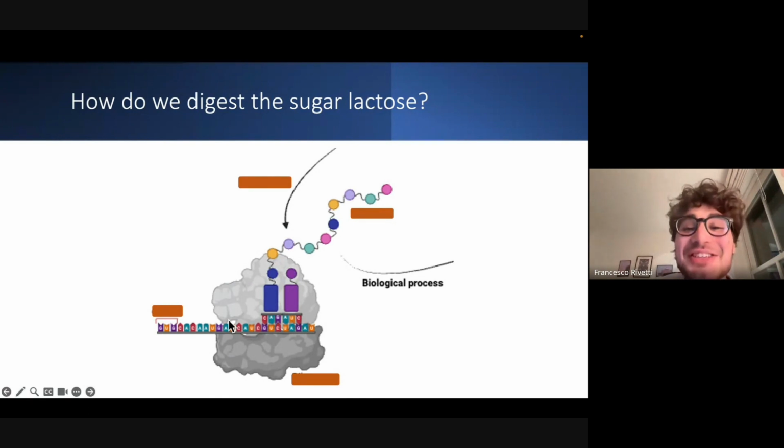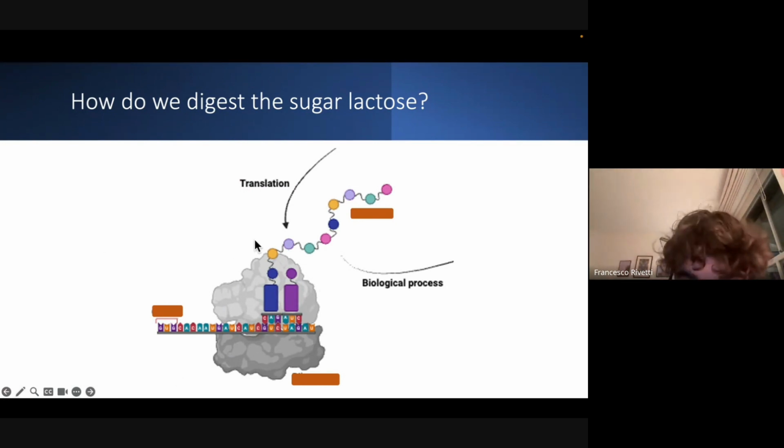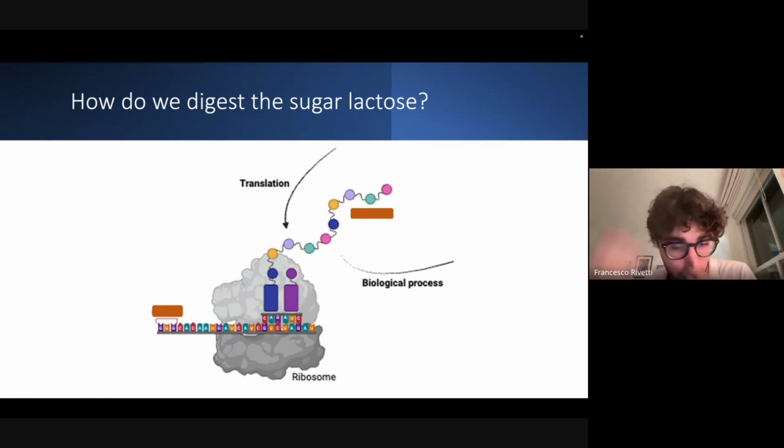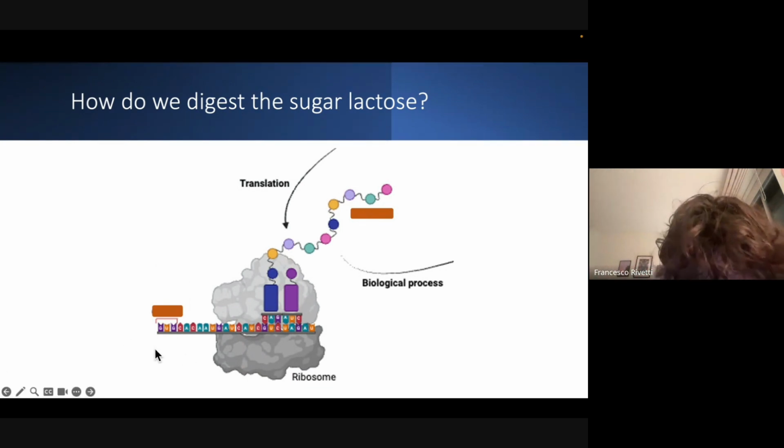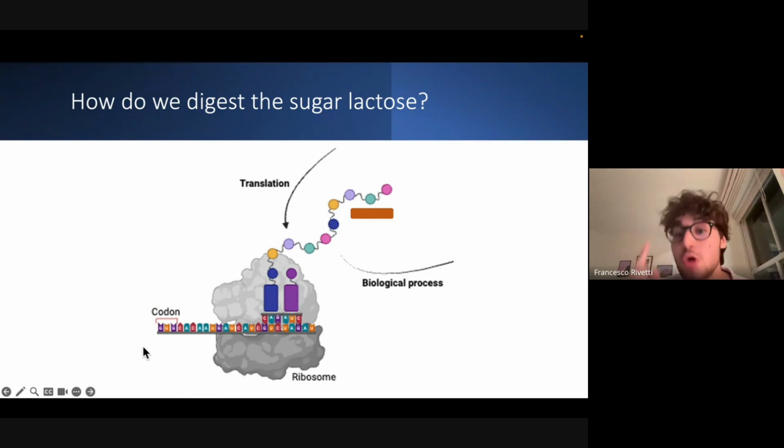As we said before, this is translation, and as someone just said, the molecule here is a ribosome, which is just a factory of proteins. And just to summarize, does anybody know what these three bases represent? They are codons. Exactly. Three bases represent a single codon, which is equivalent to one single amino acid.